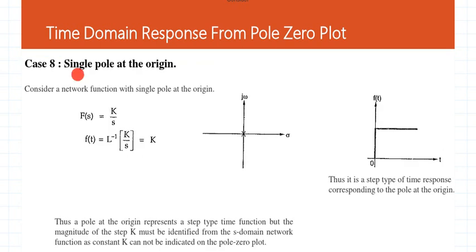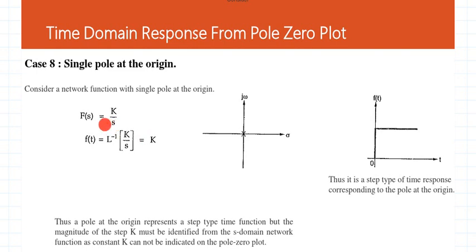Moving to the next case, a single pole at the origin. If there is a single pole at the origin, what is its effect on the time domain response? Let us look at the transfer function of such a system. The transfer function is k by s. When we take the inverse Laplace transform of it, we get a constant k.